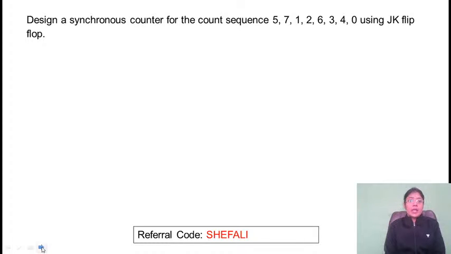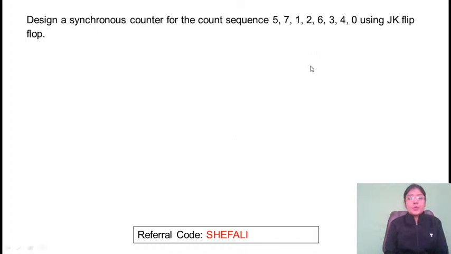Let's take one more example and then we'll be moving on to the next type of counters, that is asynchronous counters. Here you have to design a synchronous counter for the count sequence. Count sequence is given as 5, 7, 1, 2, 6, 3, 4, 0 using JK flip-flop. So first of all, determine the number of flip-flops required or number of bits required to represent each count.